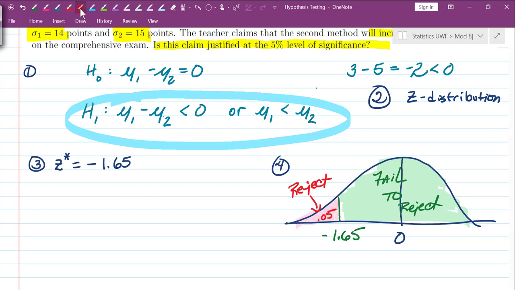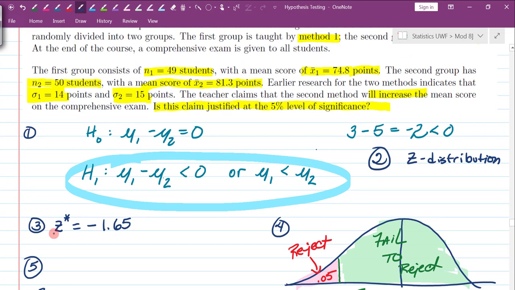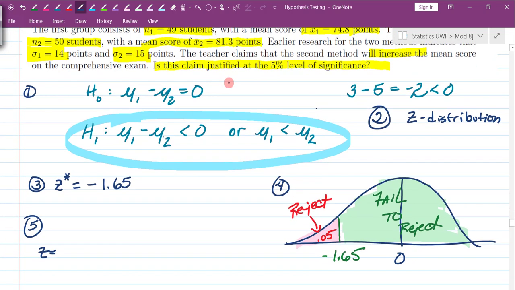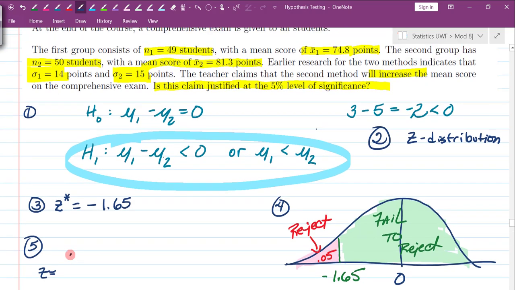So step 5, we need to find our test statistic, which is Z. Z is going to be equal to X bar 1 minus X bar 2. X bar 1 is 74.8, and X bar 2 is 81.3. So 74.8 minus 81.3, that's the difference right there. Subtract the difference of the population means, which is 0.